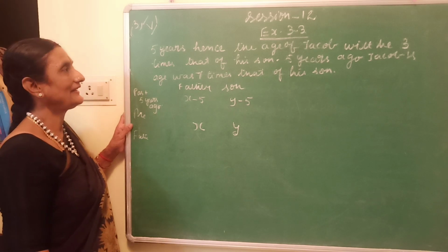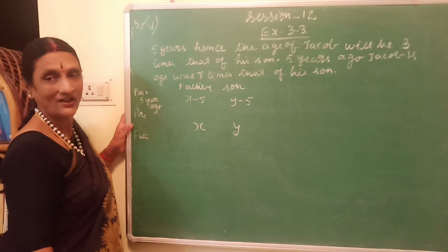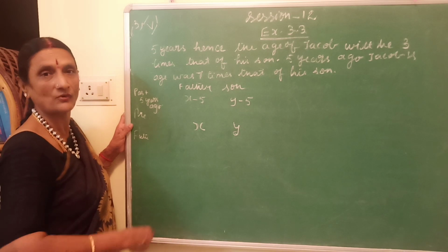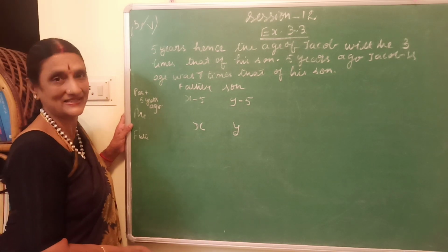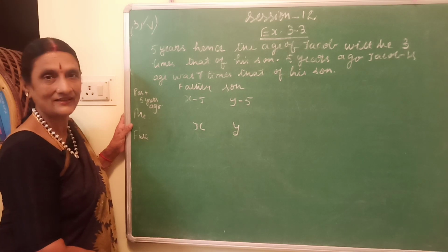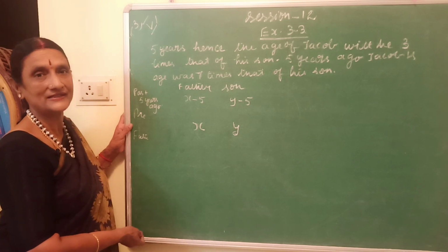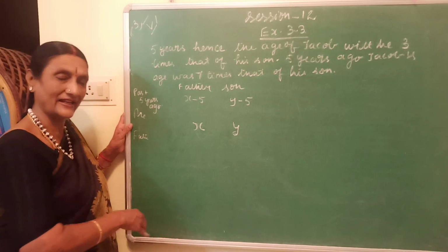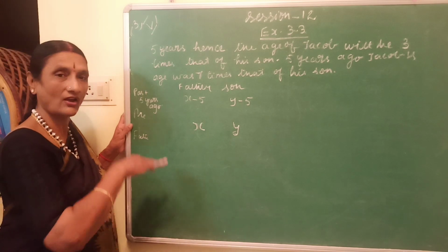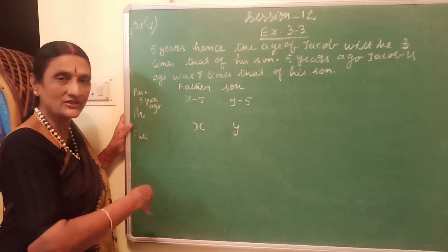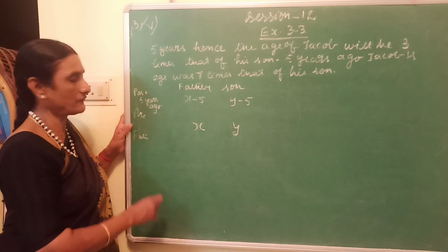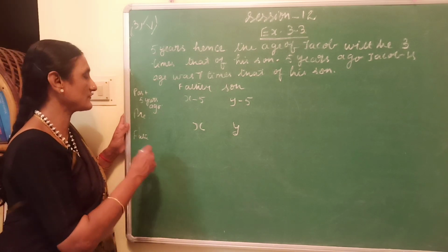And then 5 years hence. What do you mean by 5 years hence? What is going to happen after 5 years? They are all mentioning the future. 5 years hence, 5 years from now.